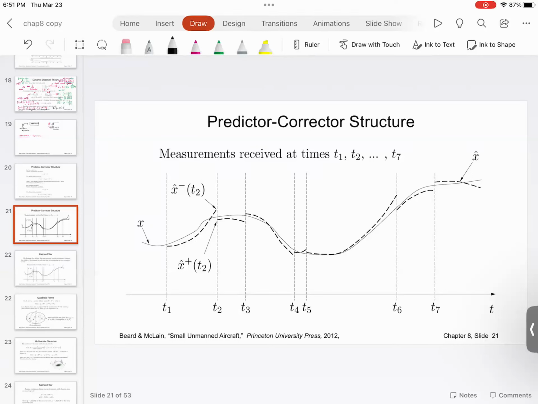Do you agree with me? But I'm going to add a correction term and pull that value down, and that basically goes to x plus. So if I perform this prediction and correction continuously, then I'm reasonably accurate. I'm going to follow that path.